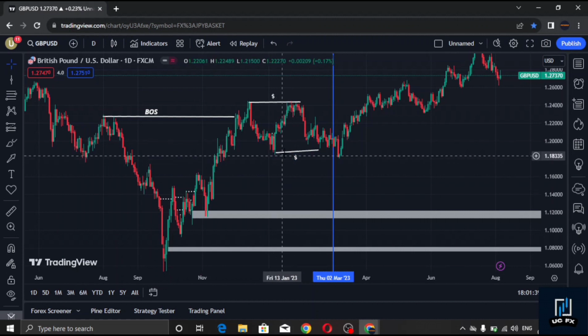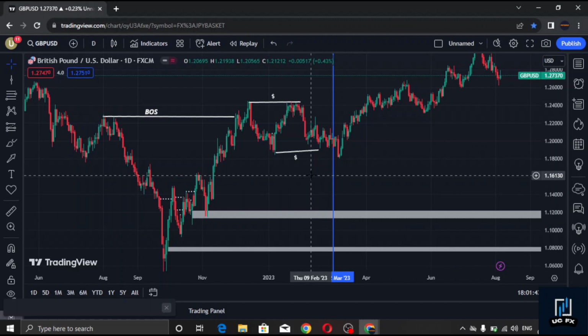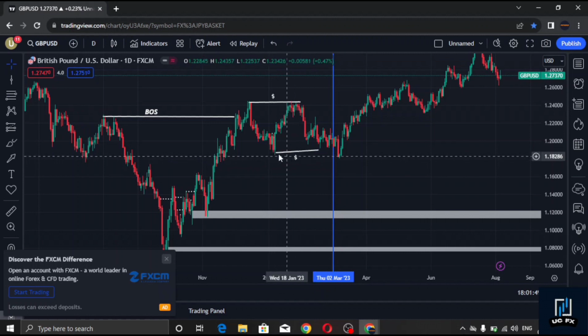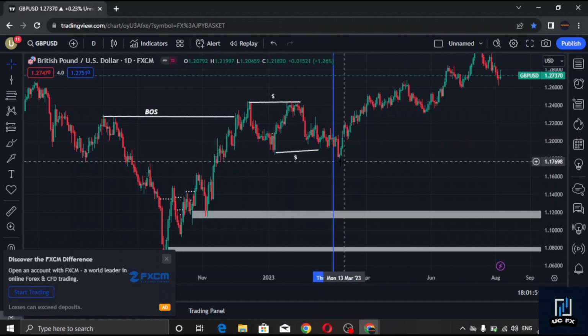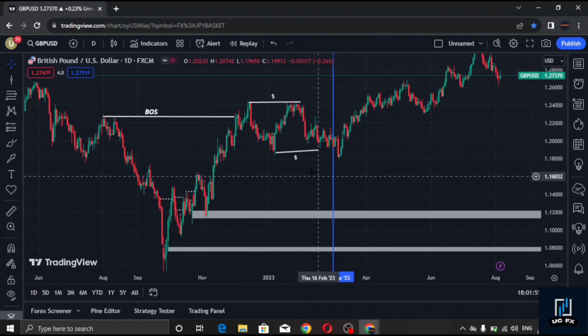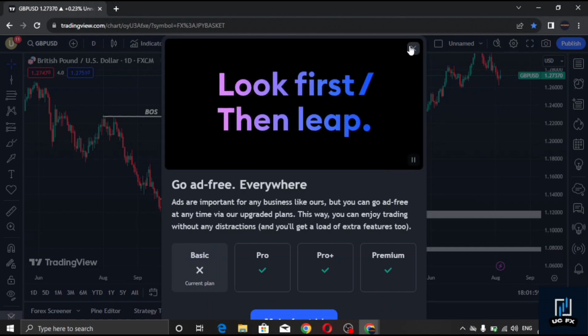Why is it called the sell side liquidity? It's called the sell side liquidity because if price takes out these lows, traders will think that the market would continue selling from this point, and they will start taking trades, and unfortunately they will be taken out.